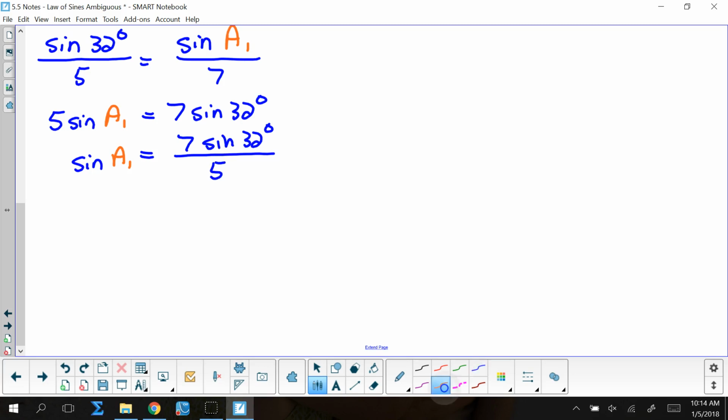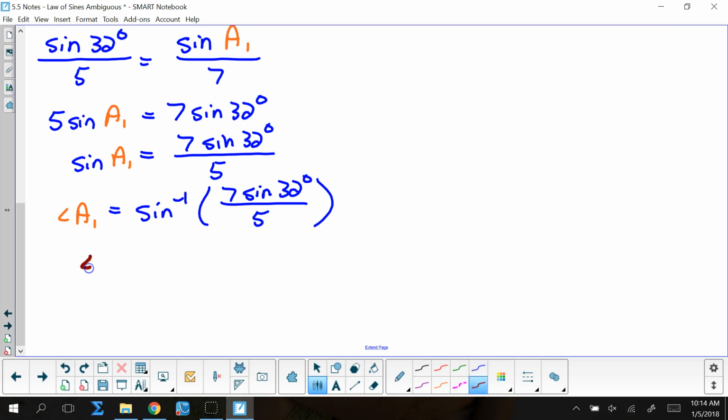So angle A sub 1 is equal to the inverse sine of that. I get angle A sub 1 as 47.8924 degrees.